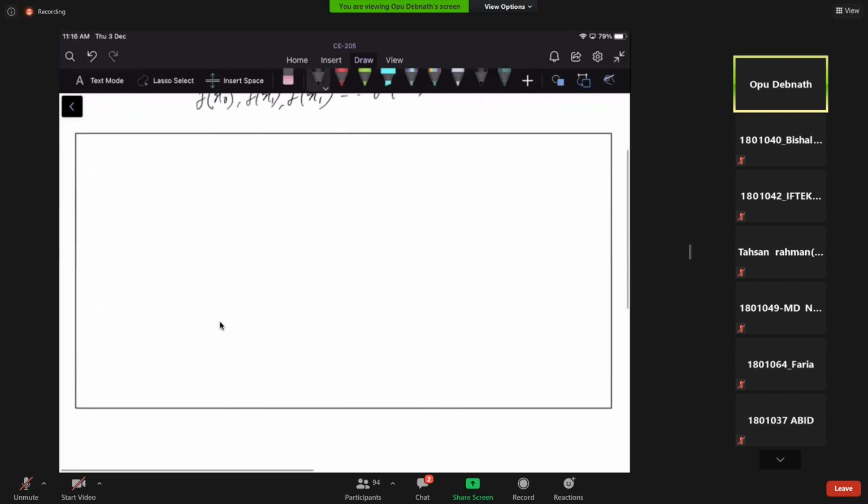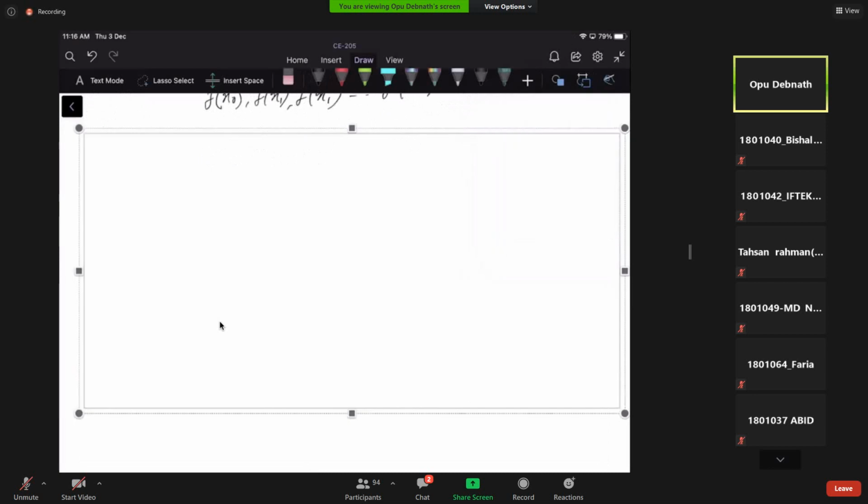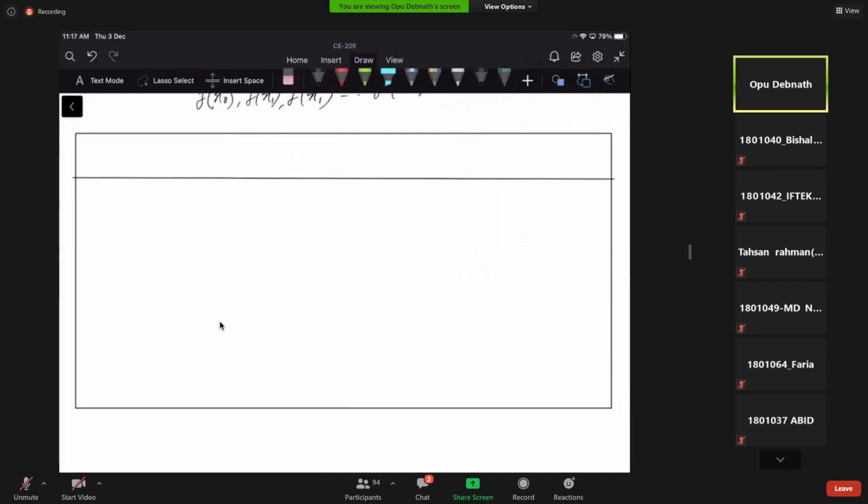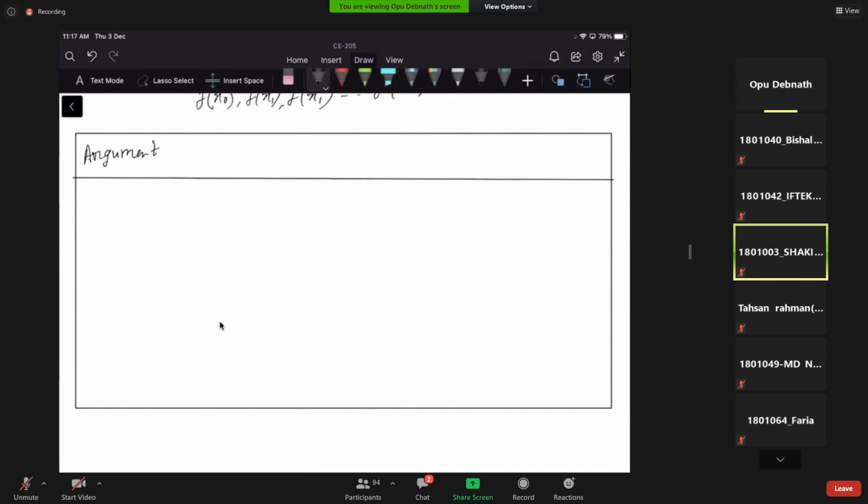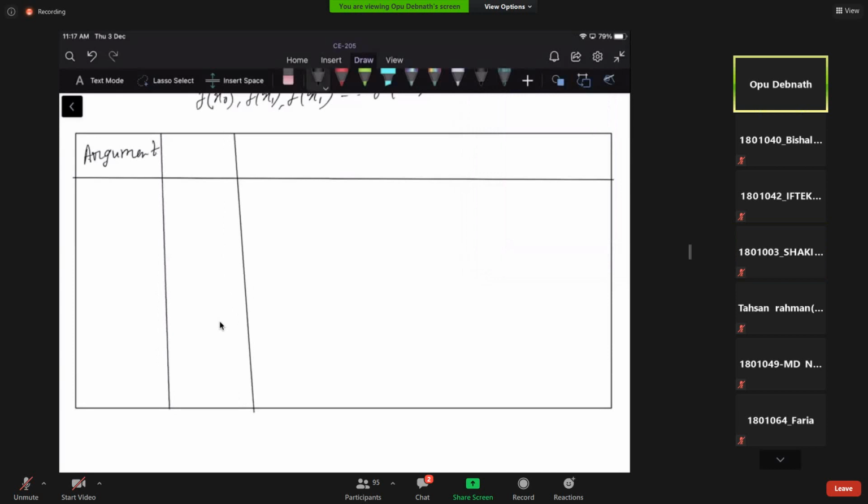In a table, the arguments are x, and the entry value is function of x.